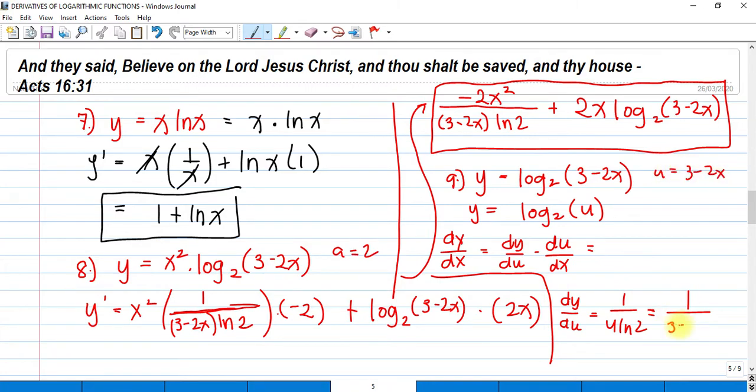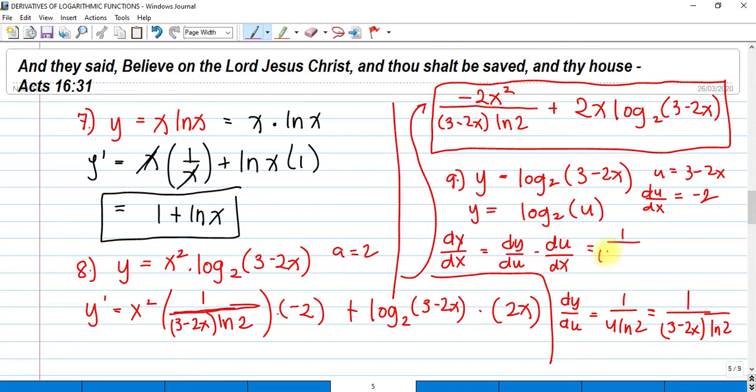So 3 minus 2x multiplied by the ln of 2. Okay? And again, our u, we will get du over dx of that. That is negative 2.